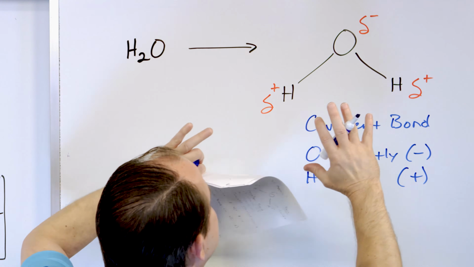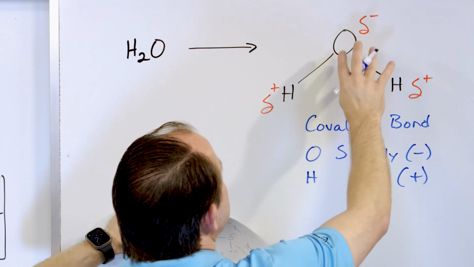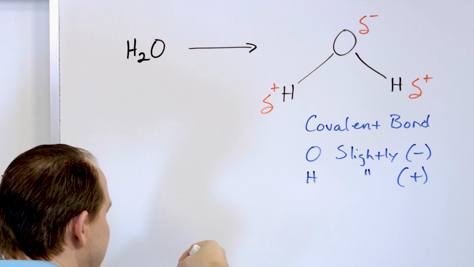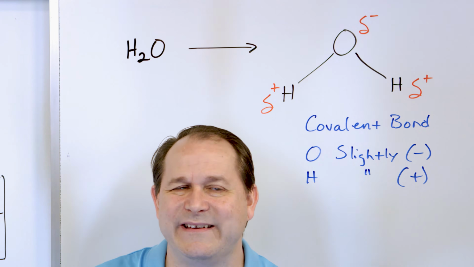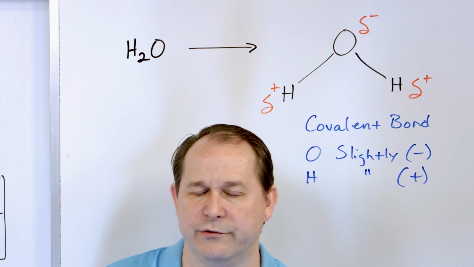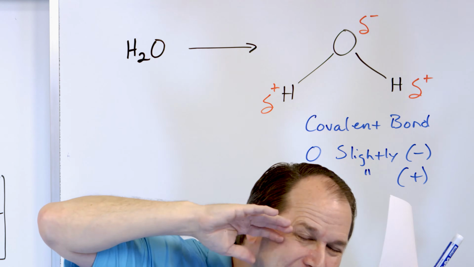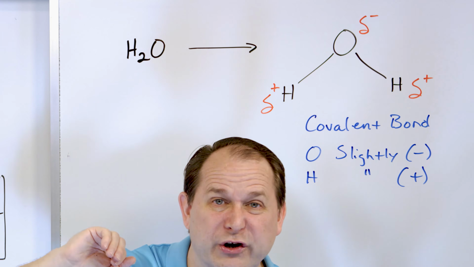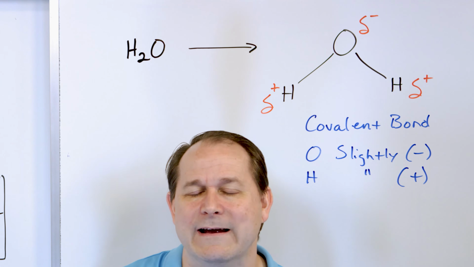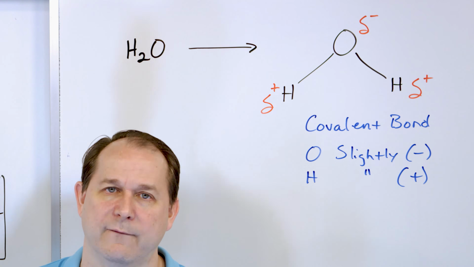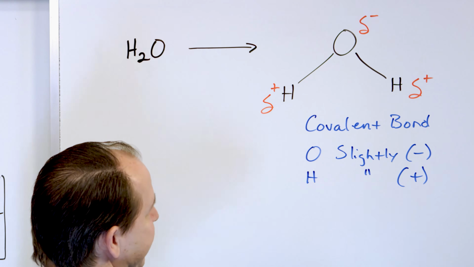But overall, when you zoom out far, far away, the positive and negative nature of this molecule all add up, or algebraically add, to 0. So water is a neutral molecule. It's just that when you get right up on top of it, part of it looks positive and part of it looks negative. And it's always like that. It's a permanent dipole is what we say. Permanent polar character of water. All right, always like this.